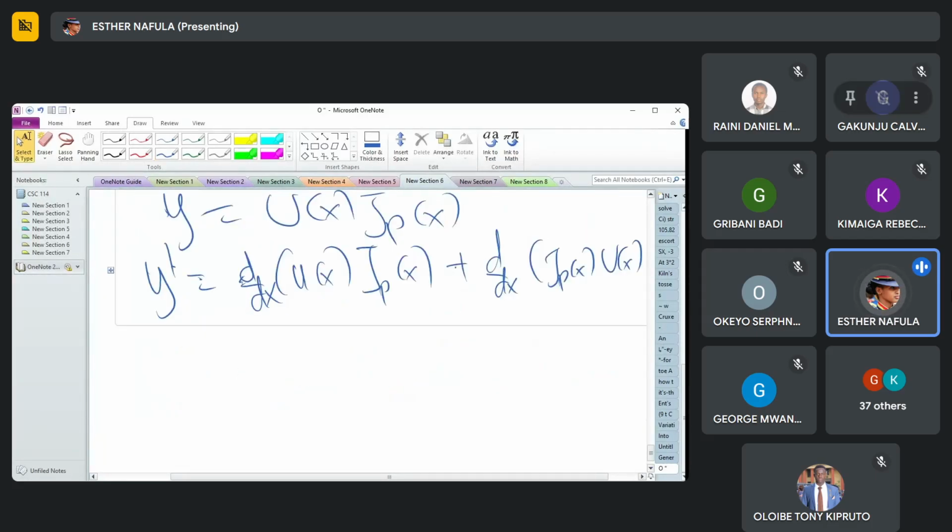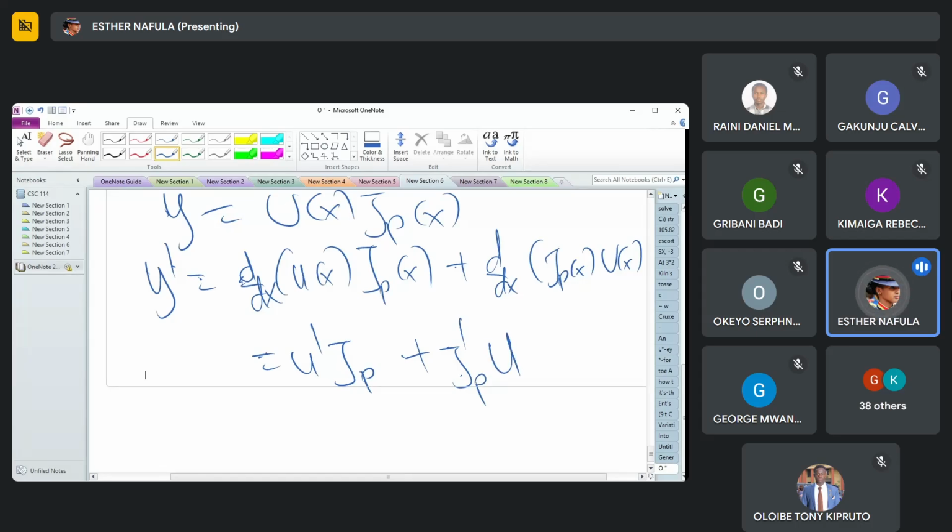If you differentiate u, you get u prime. So this is u prime Jp. If no confusion arises, we can just write u and J, but having in mind that both are functions of x. Plus differentiate Jp, you get Jp prime times u. This is our y prime.